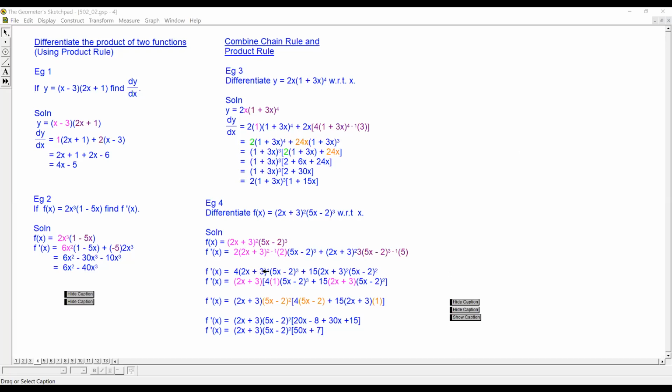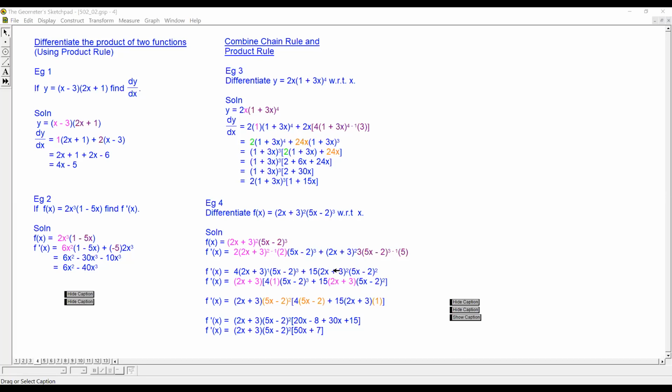(2x + 3). So I take out (2x + 3). When I take out (2x + 3), only 1 left. Only 1 left. The rest, the 4 and this bracket, I copy down. Now, over here, I take out (2x + 3). 1 only, so there's still 1 more left here.